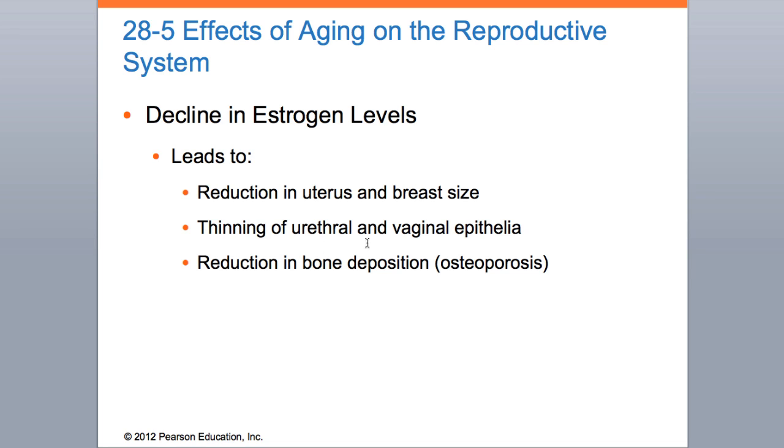The thinning of the urethral and vaginal lining makes sexual intercourse very painful, and they're also cutting down on the lubrication, so intercourse becomes more painful. And then of course we have osteoporosis because of the estrogen going away.